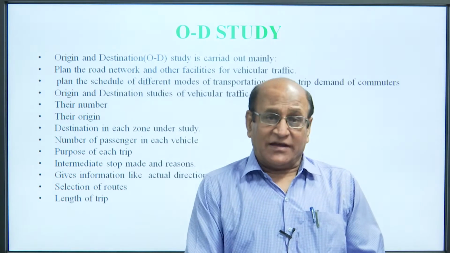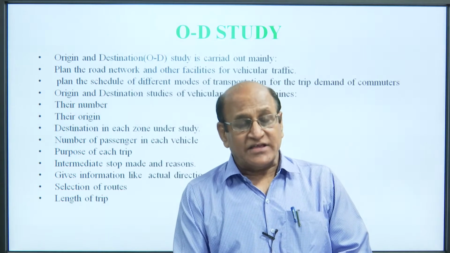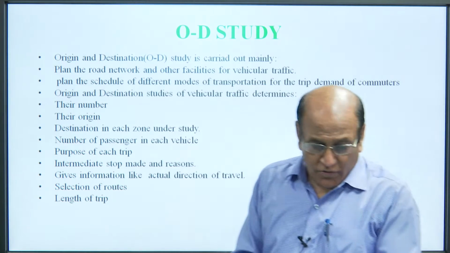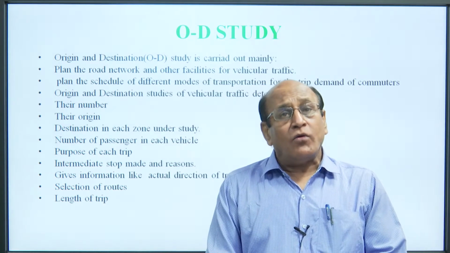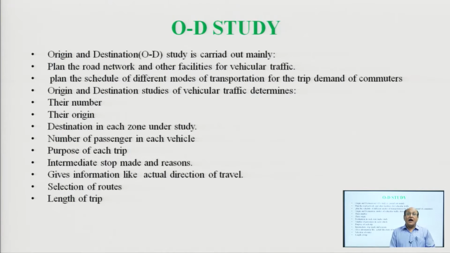Origin and destination survey is a very important survey in traffic engineering. Why are origin and destination studies carried out? First, for the construction of new routes, construction of a new bridge, construction of a bypass. I am just giving an example.